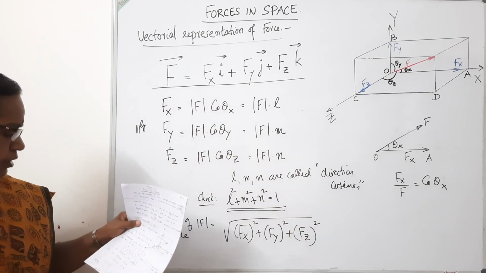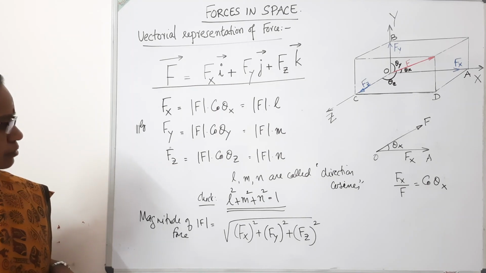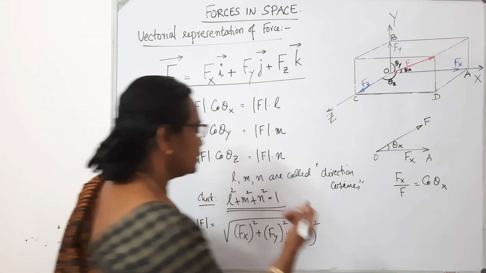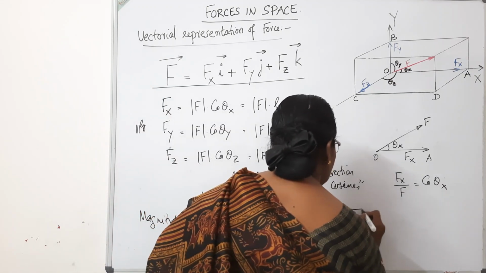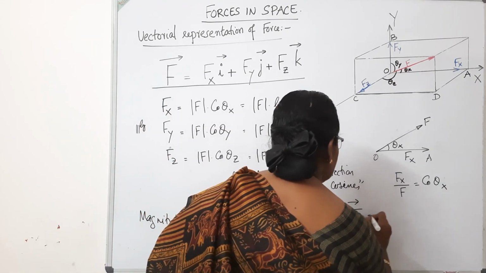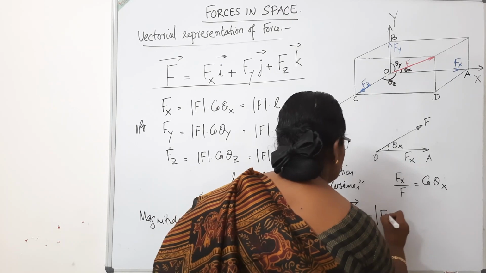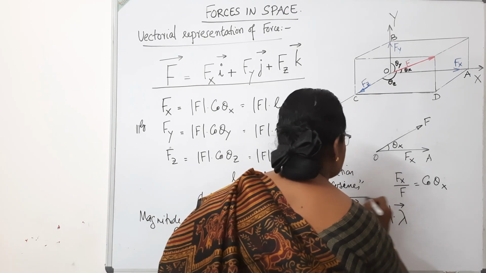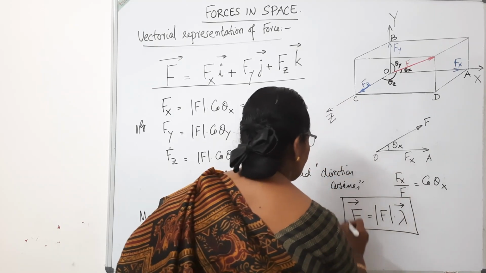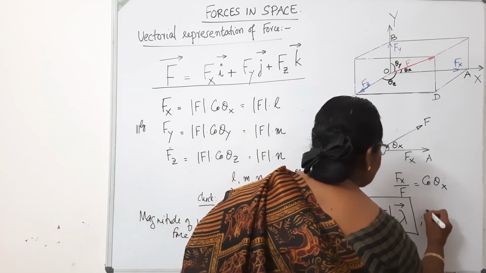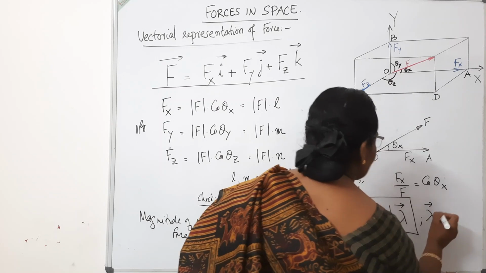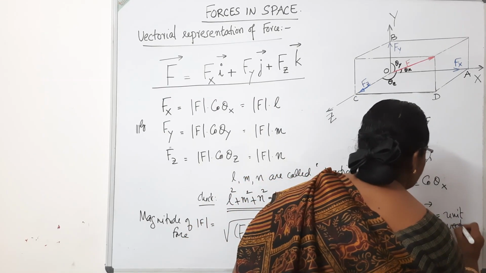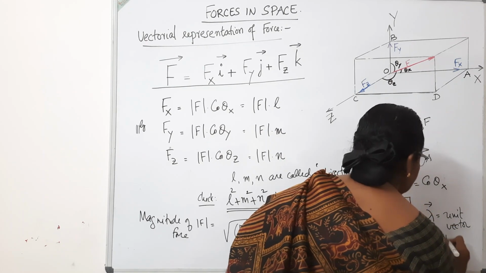That will give you the magnitude of the force. And the general representation of a force vector F is equal to the magnitude F into a vector lambda, where this lambda is called the unit vector in the direction of the force.